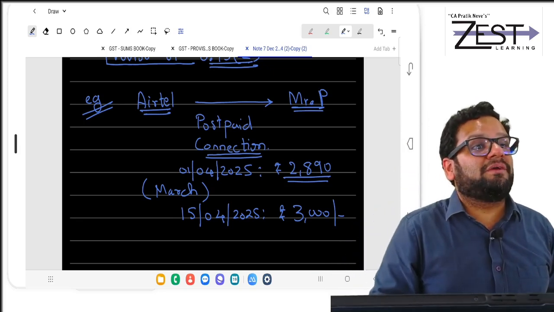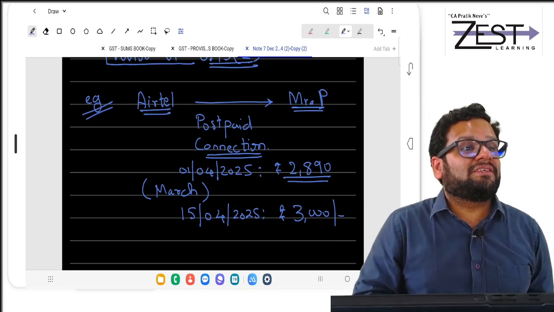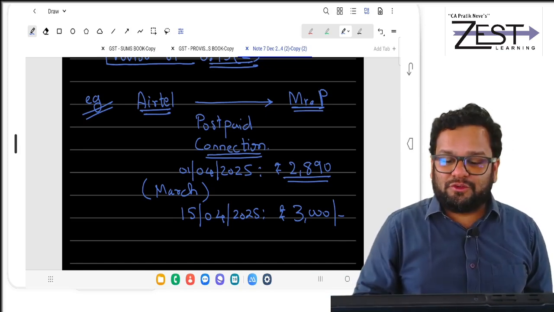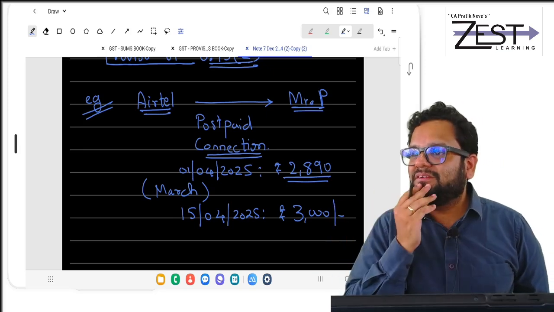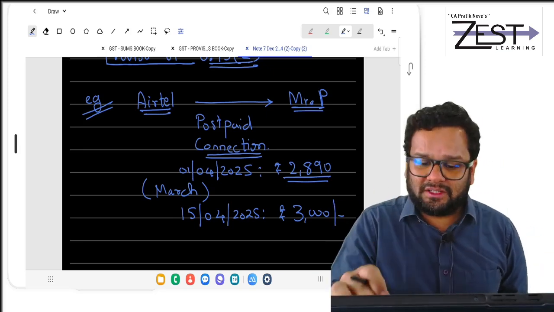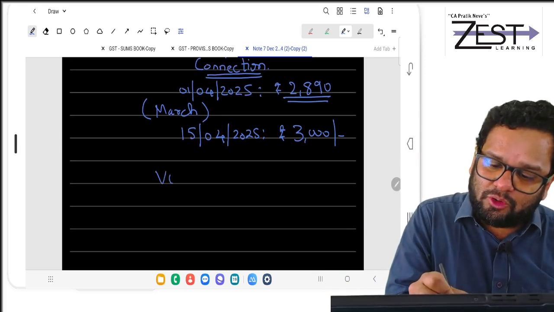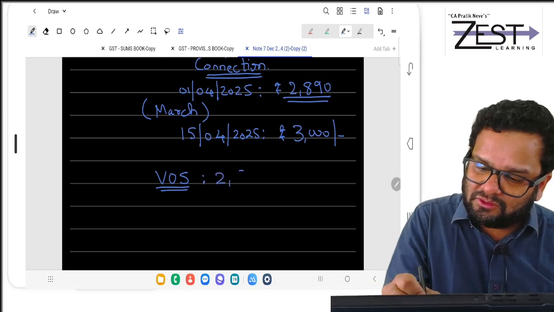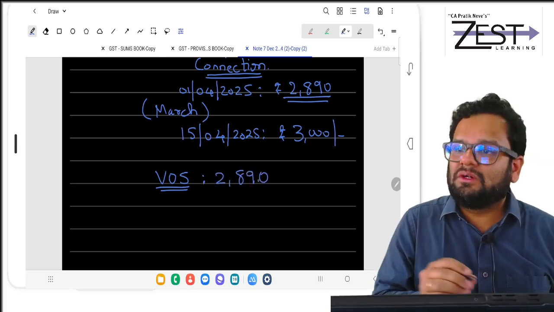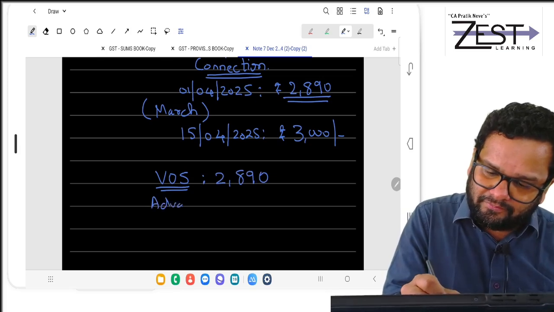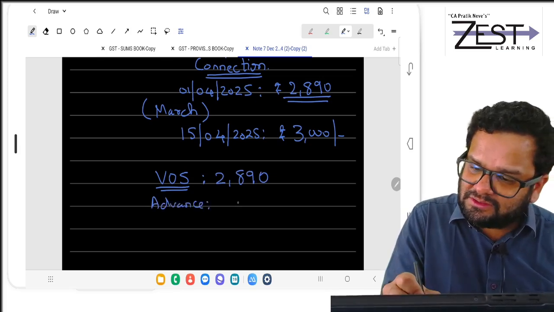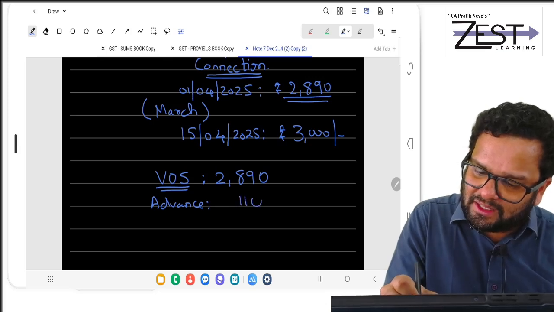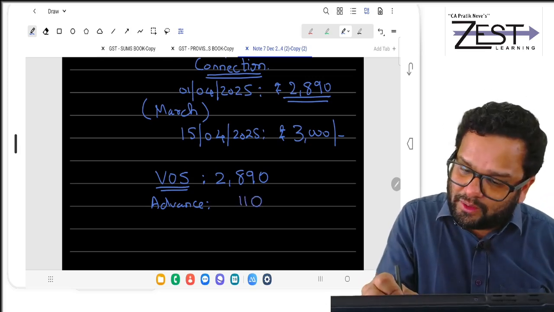Time of supply will be when that advance is actually received, that is 15 April. Tell me now, how much is the value of supply in this case? Actually, the value of supply is 2890 and the advance is 110.